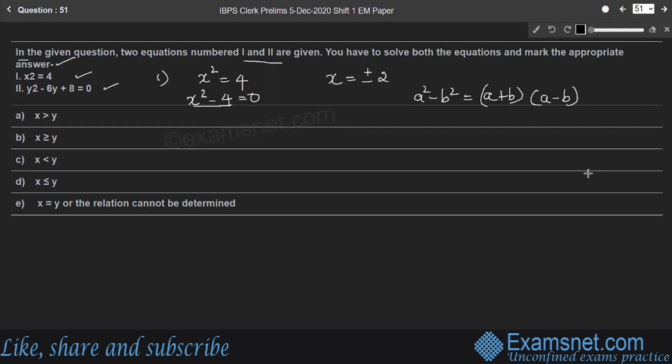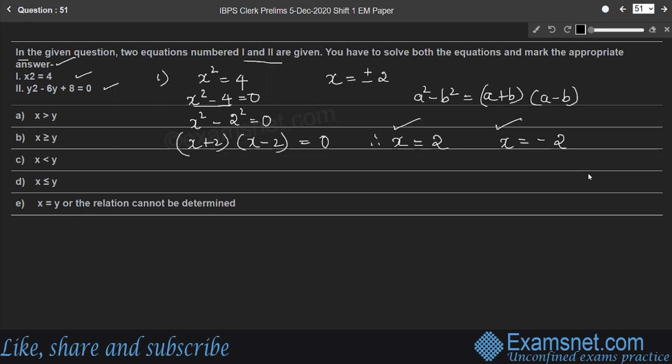So x square minus 4 can be written as x square minus 2 square is equal to 0. So x plus 2 into x minus 2 is equal to 0. Therefore, x is equal to plus 2 or x is equal to minus 2. Right? Next, there are two possibilities for the value of x here.